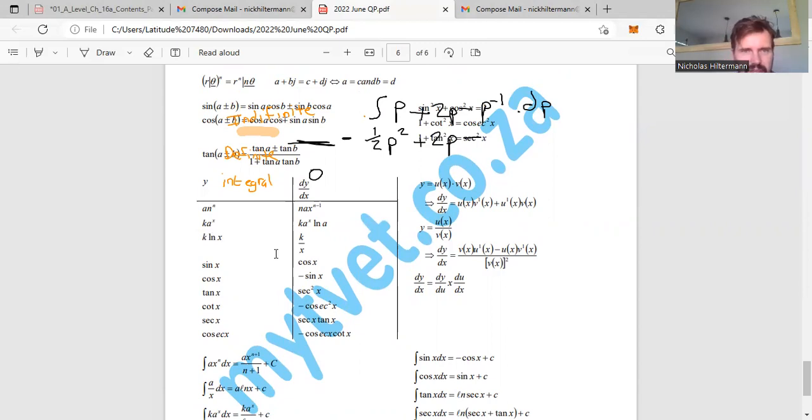We had minus 1 over p. So p is like the x, your k is minus 1, your x is p, and so you end up having minus ln p. So in other words, the integral of 2 over x is equal to 2 ln x.